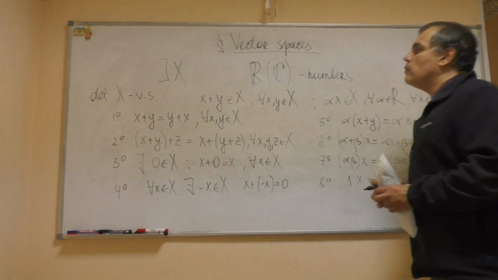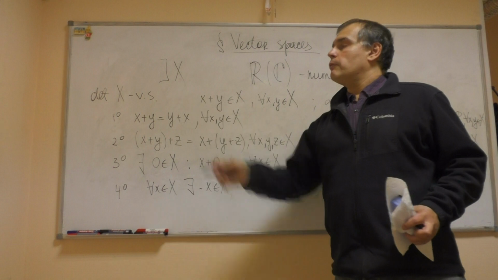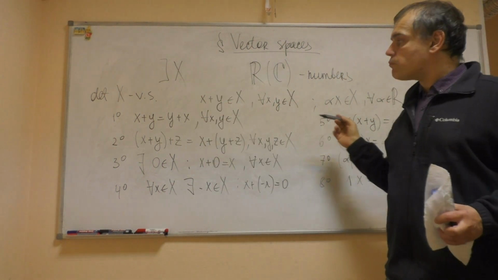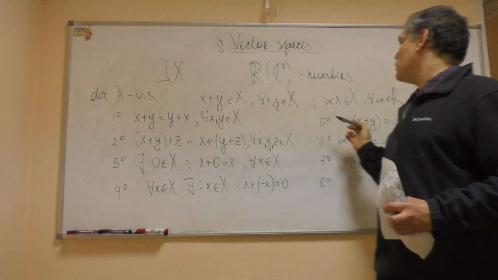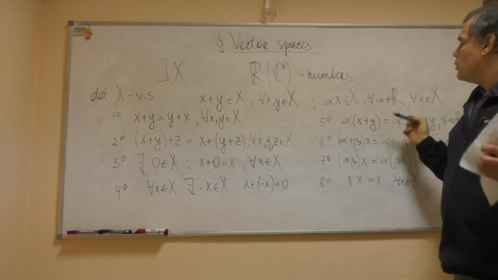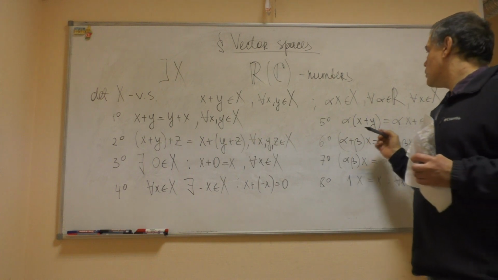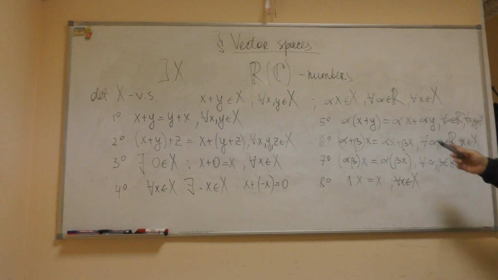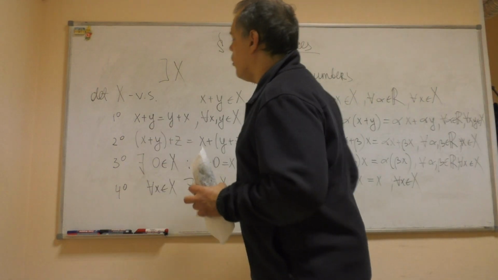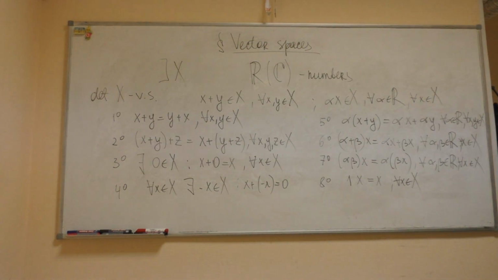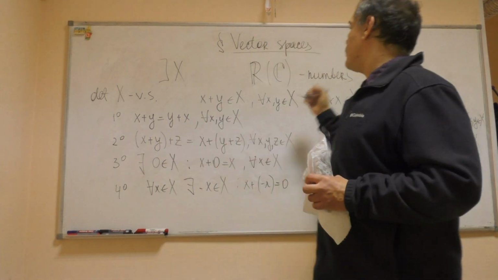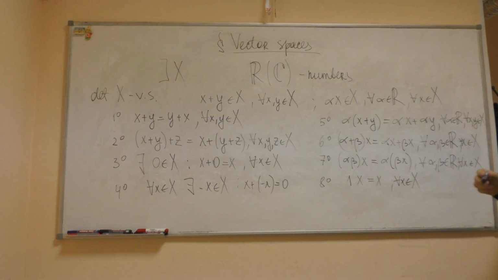So if we have a set and we can involve these two operations, sum and product, and all these 8 axioms are fulfilled, once again we have a vector space over our set of numbers.